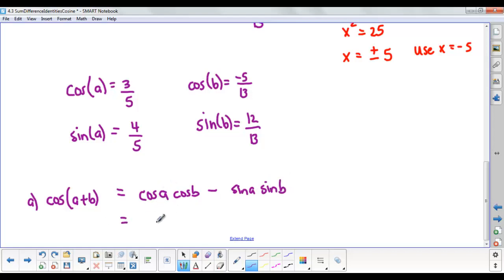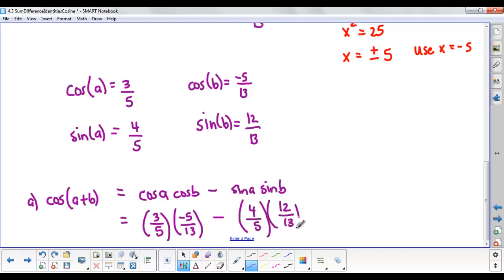Now we can fill in these values. Cos of A we said was 3 over 5, and cos B was negative 5 over 13, minus sine of A, which is 4 over 5, and sine of B, which is 12 over 13.